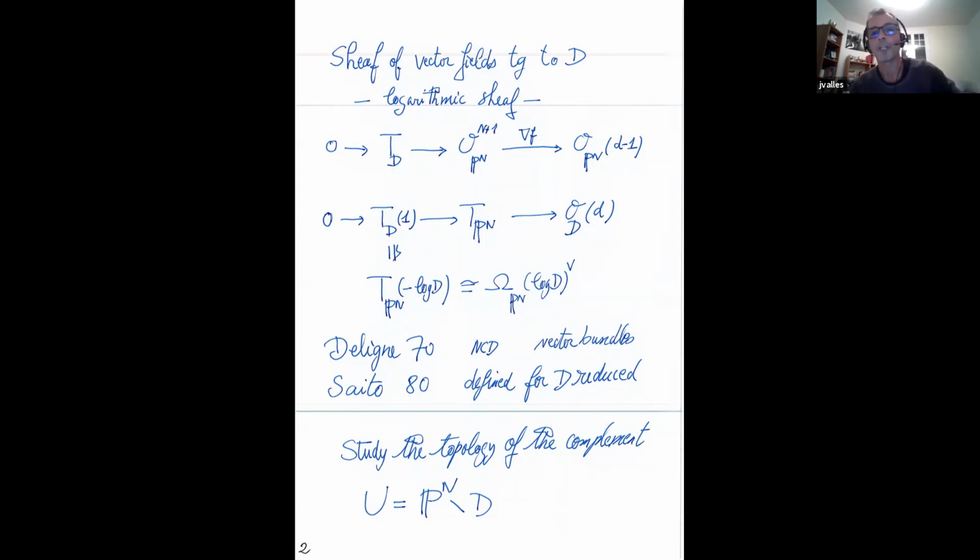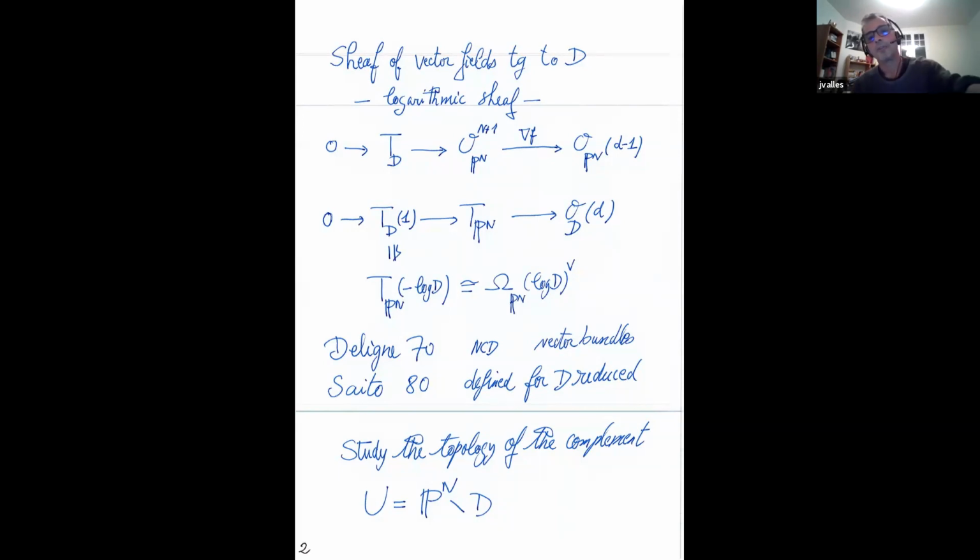And this omega Pn log D was introduced by many authors. Probably one of the first was Arnold in the 60s, and then Deligne in the 70s. And Deligne considers this sheaf omega Pn log D for a normal crossing divisor, because in this case, omega Pn log D is a vector bundle over Pn.